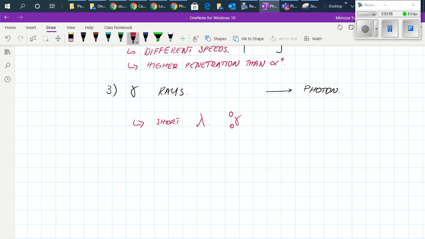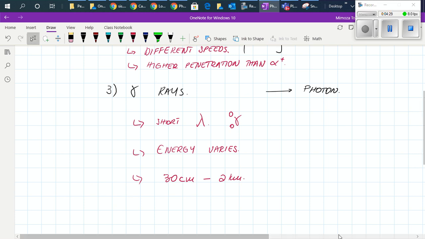Their energy varies depending on the wavelength that they have, and they can penetrate a few centimeters, 30 centimeters, up to 2 kilometers, especially in air.